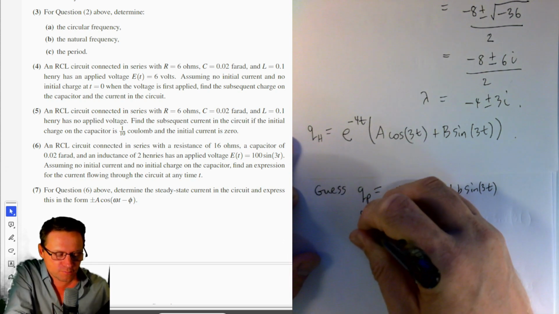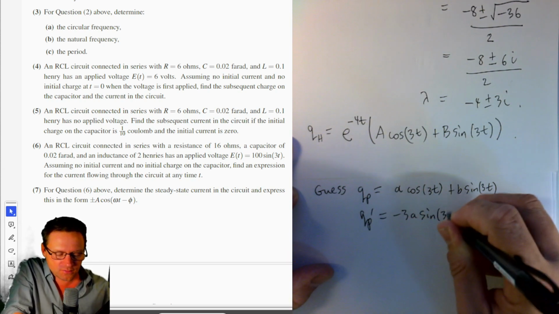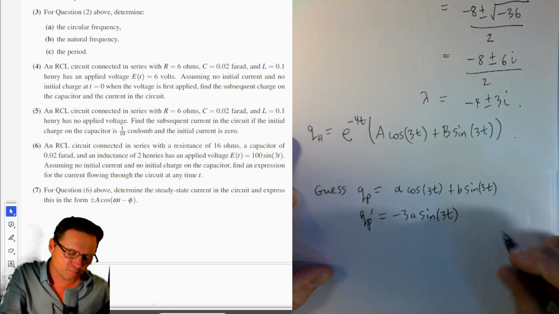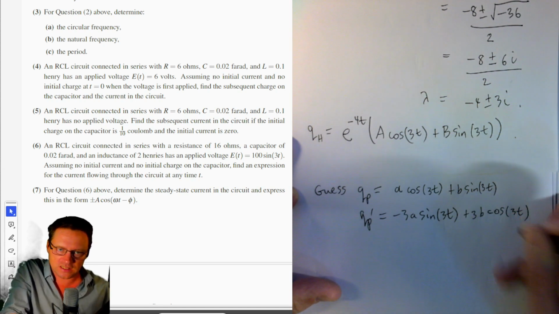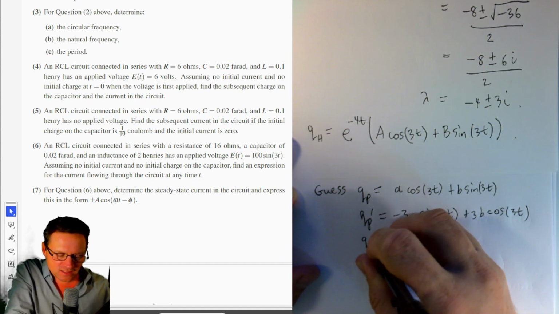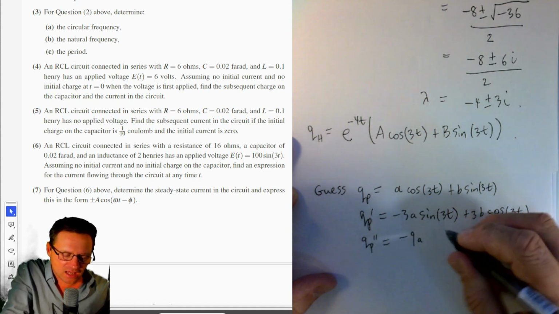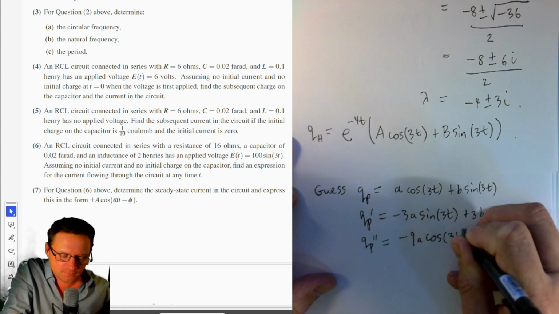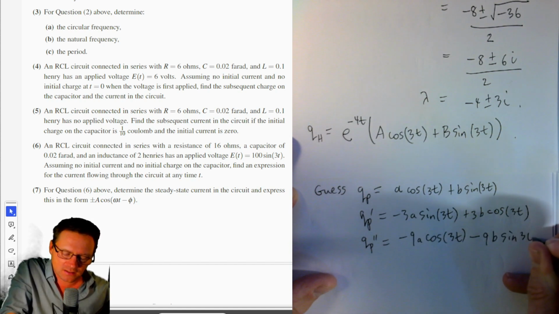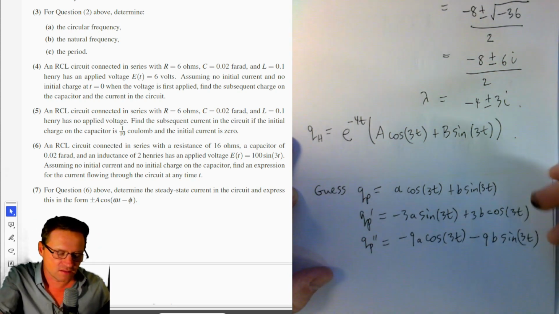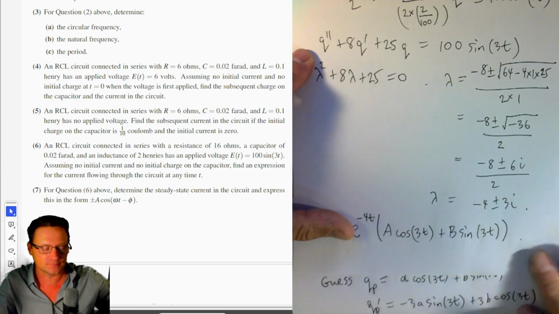Okay, so QP dash is minus 3a sine of 3t, and differentiating b sine of 3t, we have plus 3b cos of 3t. Now differentiating this again, we have minus 9a cos of 3t minus 9b sine of 3t. Okay, and we want to take these 3 and sub those back into this differential equation up here.